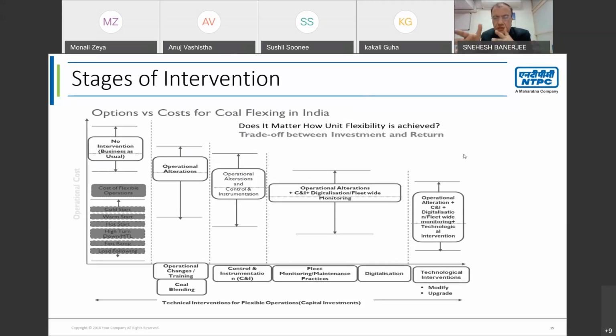And lastly, we can think of technological intervention. So as we move towards the right, the capital component of flexibilization will be much higher. To start with, we can make a modest beginning with much lesser cost implications, but as we move on, we may have larger capital cost in the long run.